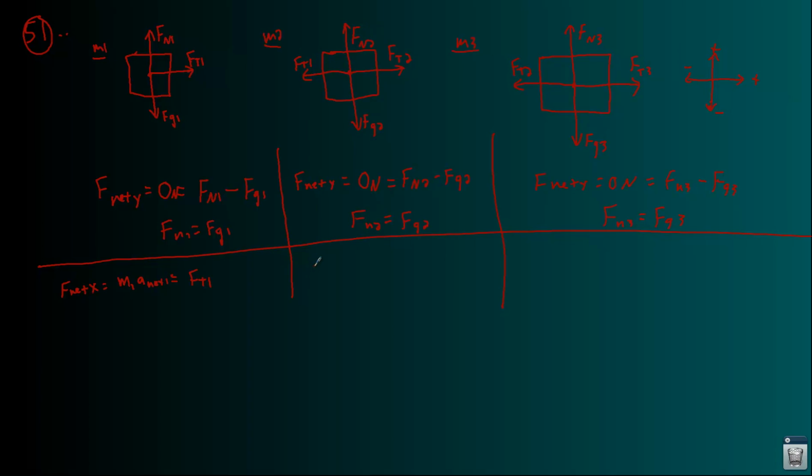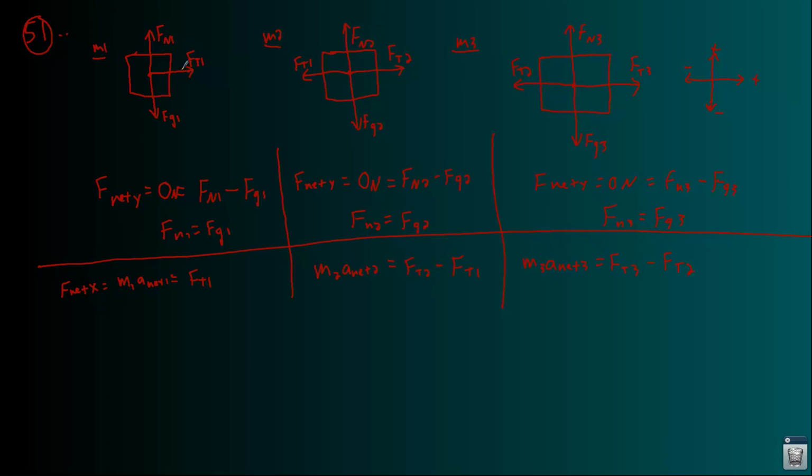Over here, F net x is m2 a net 2. That's going to equal the positive Ft2 minus Ft1. And m3 a net 3 equals Ft3 minus Ft2. Got it? Ft3 minus Ft2.